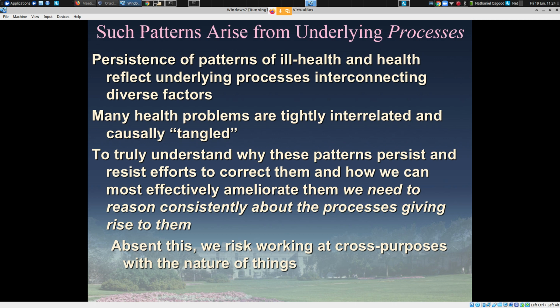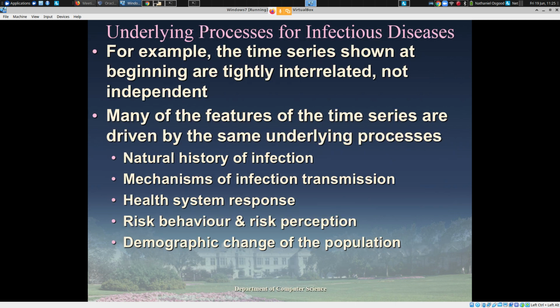To understand why some patterns of ill health persist, why we still get outbreaks, for example. Right now, we're working with 2 outbreaks in 2 communities and a third one that may be announced today. We need to work with tools that will allow us to reason about the underlying system presented.